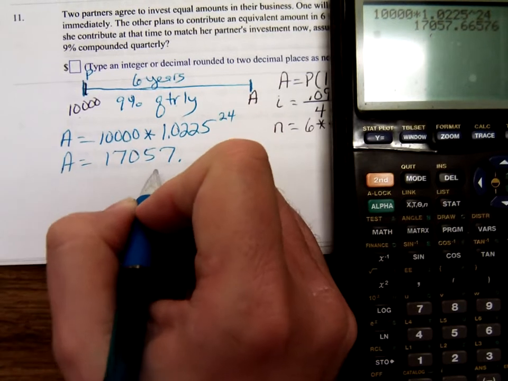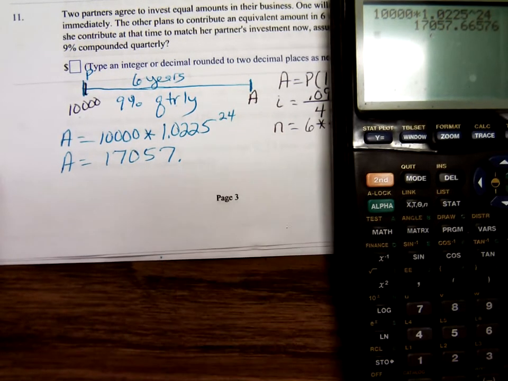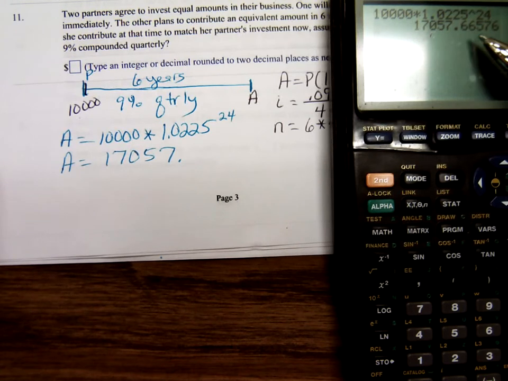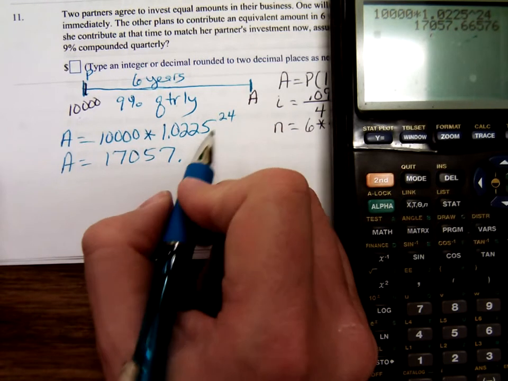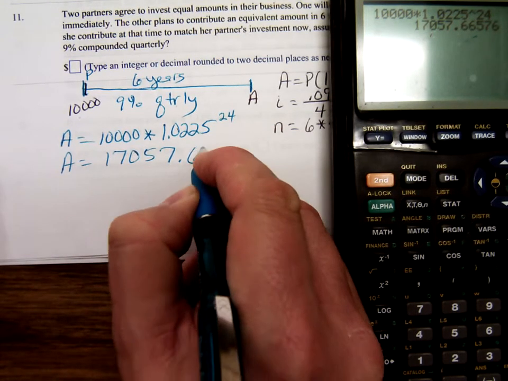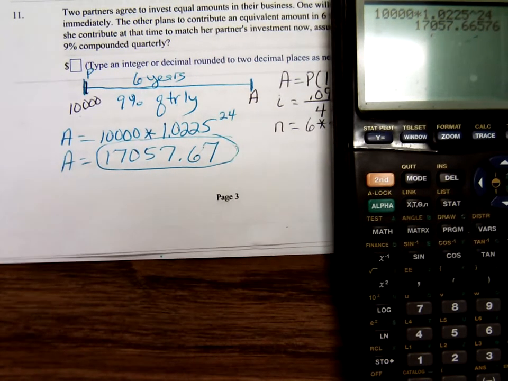And how are we told to round this? So 2 decimal places, so dollars and cents. 0.6. So can y'all see that? Is it 67 cents? Any questions there?